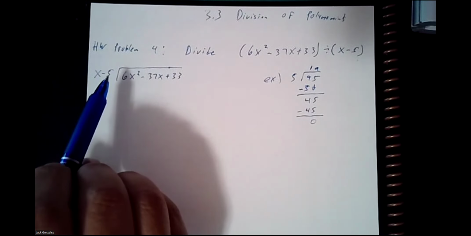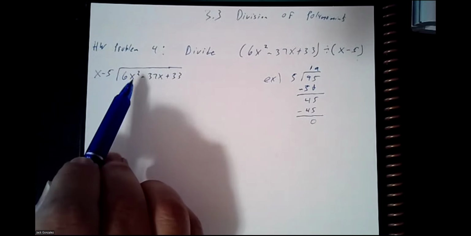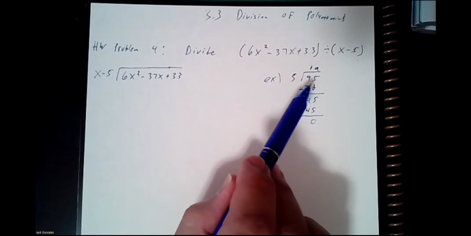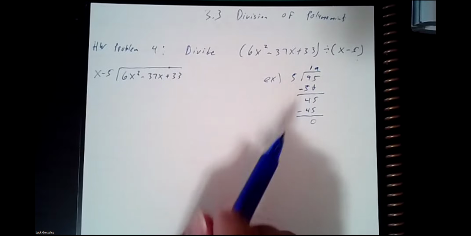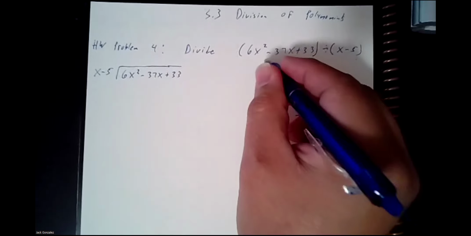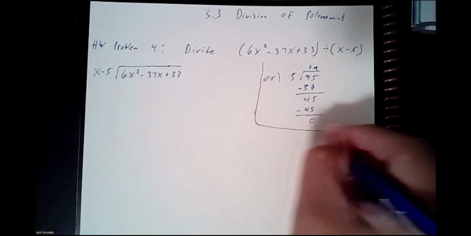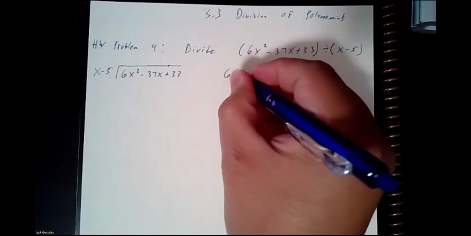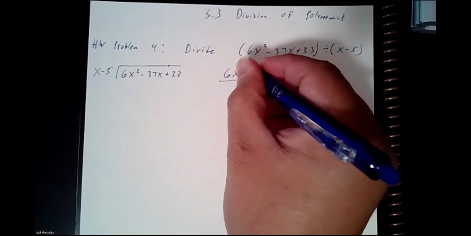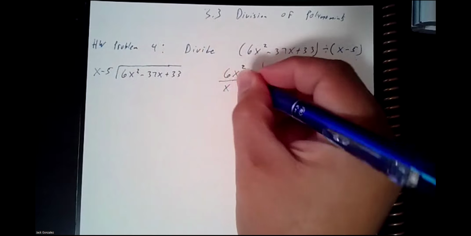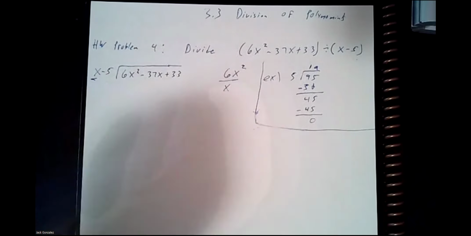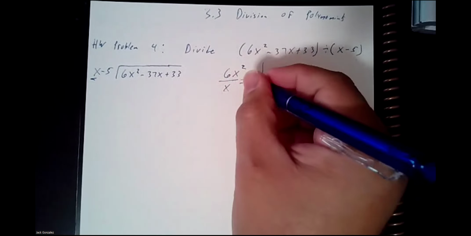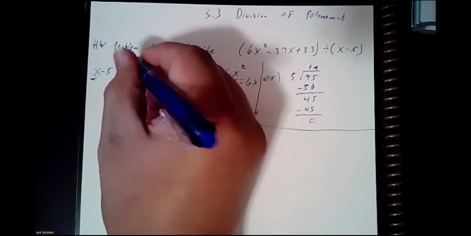You divide into the first term, instead of 5 into the first digit like we did here. So the first step, 6x squared divided by x. Only use the first term the entire time. This reduces to 6x, so that goes in 6x times.